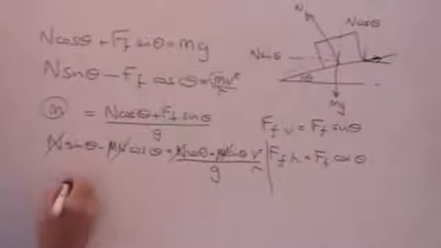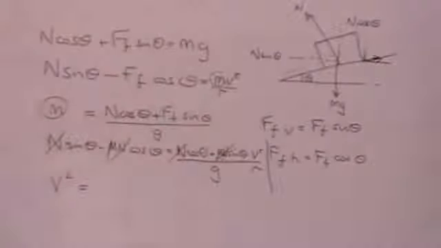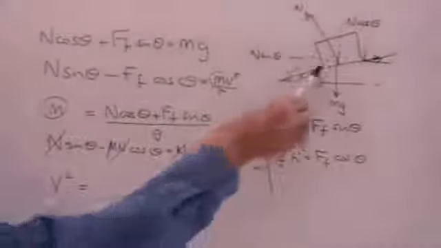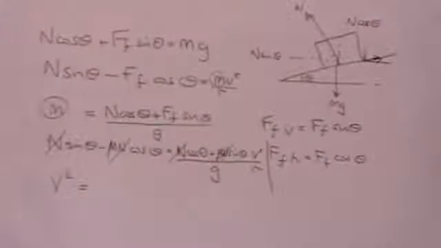And now I can write for v squared, which now, remember, is the minimum velocity in order to stop the car from rolling down or sliding down the bank.